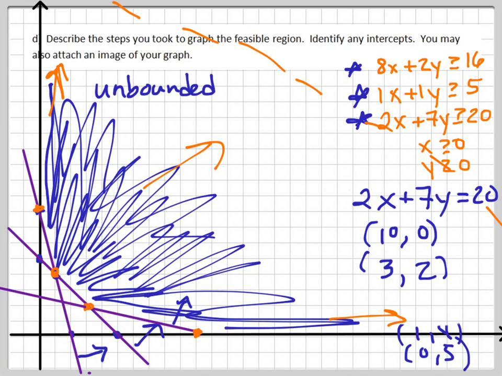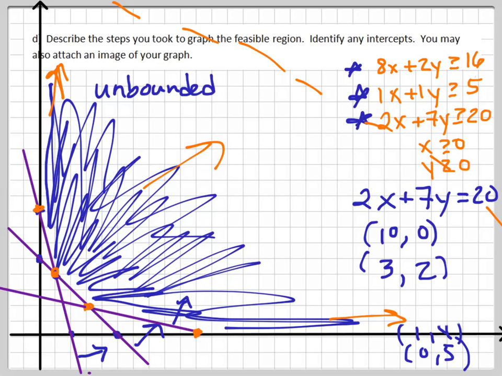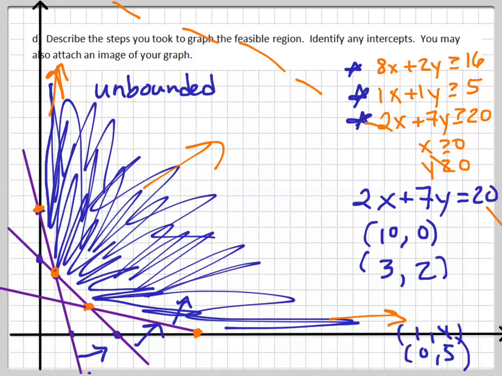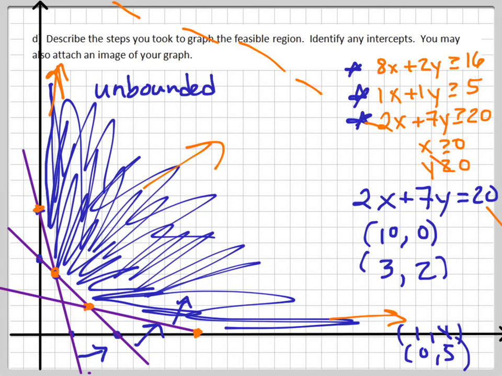We have 0, 8, we have 1, 4, we have 3, 2, and 10, 0.